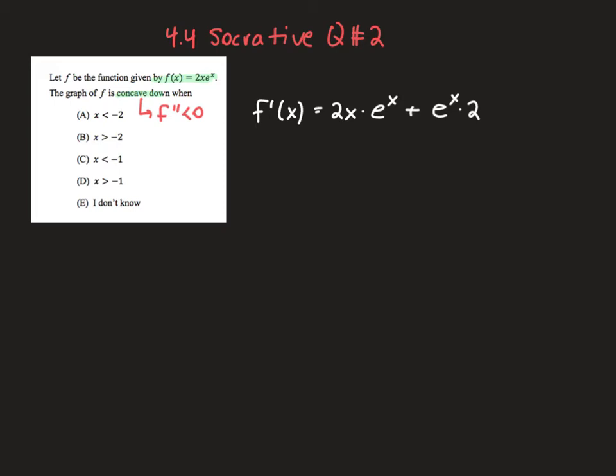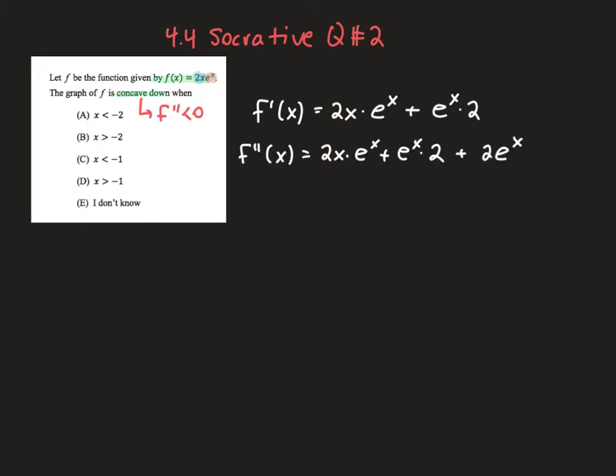Here's my first derivative, which is a product rule, and I'm treating 2x as my first factor and e to the x as my second. First times derivative of the second plus the second times derivative of the first. To get to the second derivative, I have to do another derivative. It's going to involve another product rule on this first term. It looks like this.